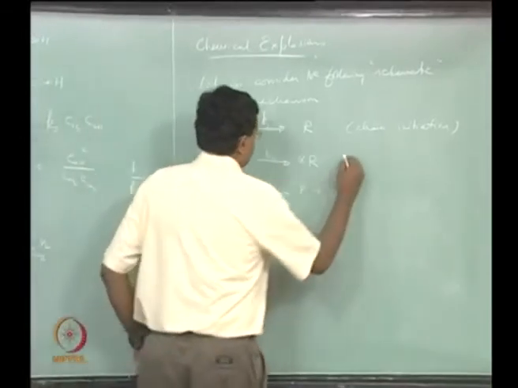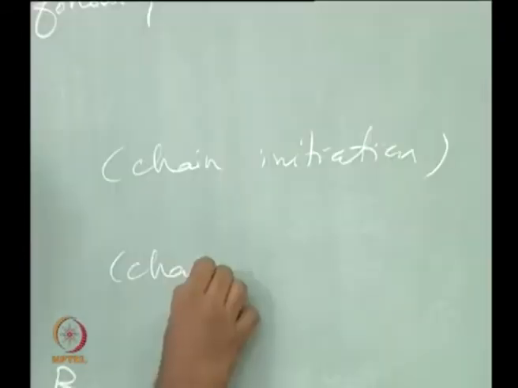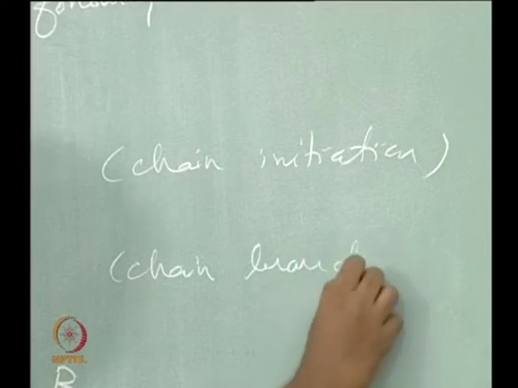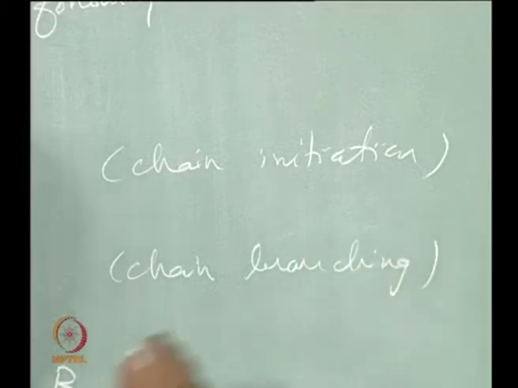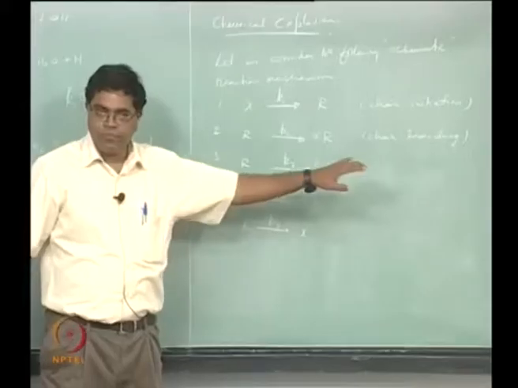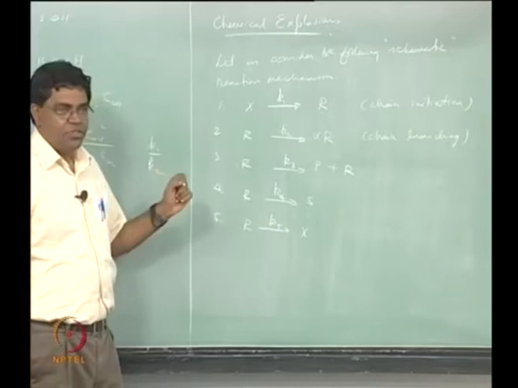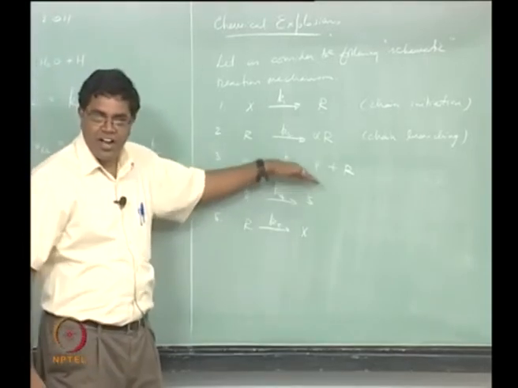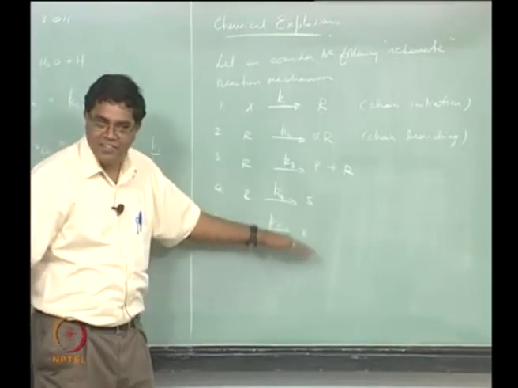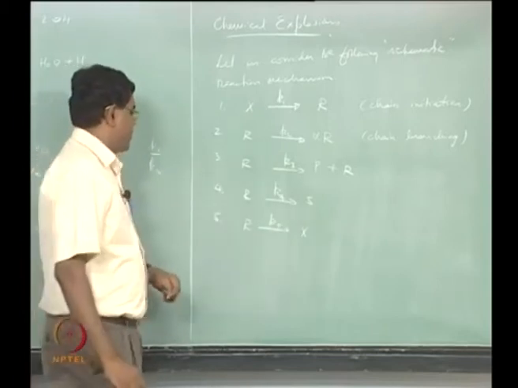So this is chain branching. Of course, alpha less than 1 would mean chain termination kind of reactions, right? But they don't really show up high up in the list. They are kind of the end.